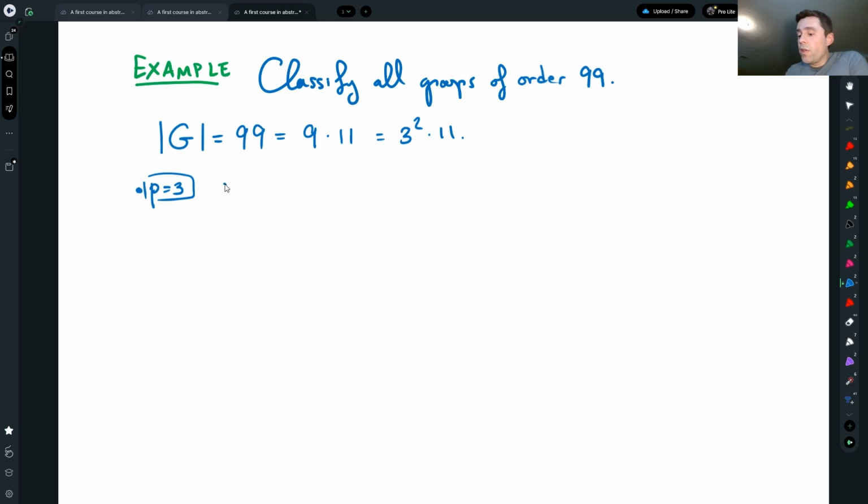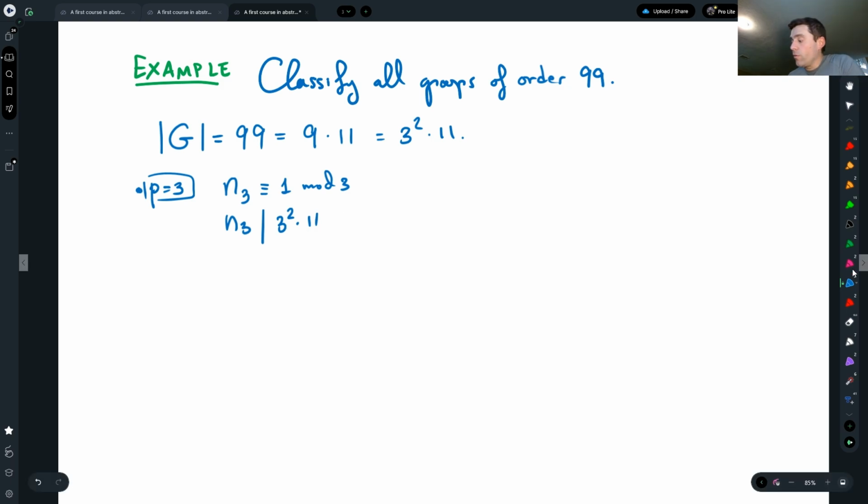And the third Sylow theorem tells me that the number of 3-Sylows has to be 1 modulo 3. And n_3 has to divide the order of the group. Since the order of the group is 9 times 11 and has to be 1 modulo 3, I'm only going to look at divisors that are not divisible by 3.